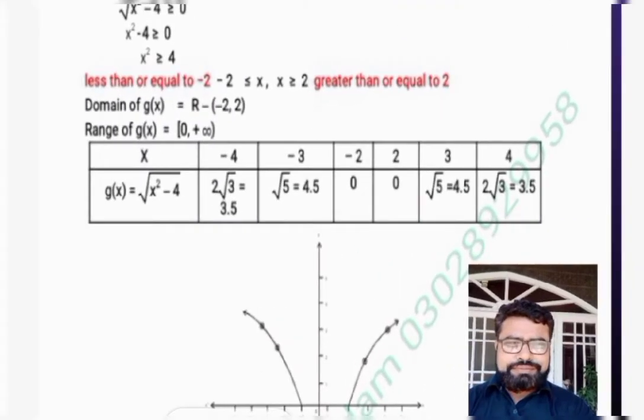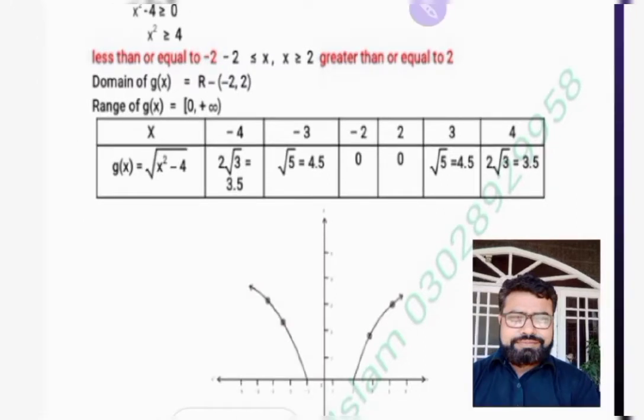As the answer is always a positive number, if we put minus 4, the answer will be 2 square root 3, that is 3.5. If we put minus 3, the answer will be square root 5, which is equal to 2.2.